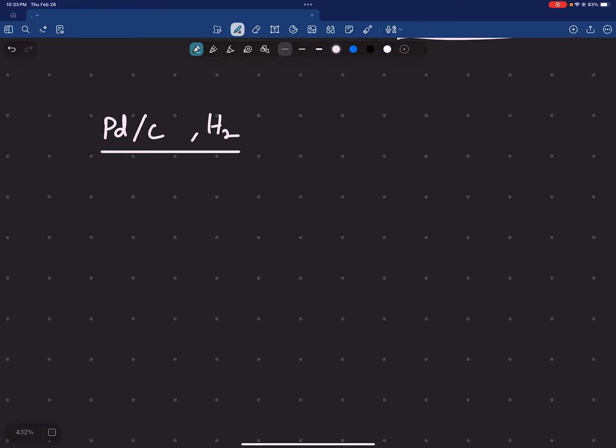Another one that we can use is sodium borohydride. It will not reduce carboxyl groups, but it can reduce aldehydes, ketones, alkenes, and alkynes to alcohols or alkanes in the presence of carboxyl groups.